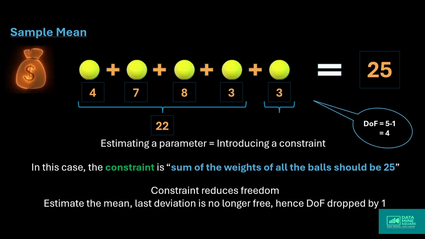Whenever we put a constraint, it reduces the degree of freedom. We estimated the mean here and we saw the last ball is no longer free, and hence the degree of freedom dropped by 1. In this bag, the degree of freedom was 5, but after estimating the mean, we consumed the information, we consumed a degree of freedom, so the degree of freedom is 4.